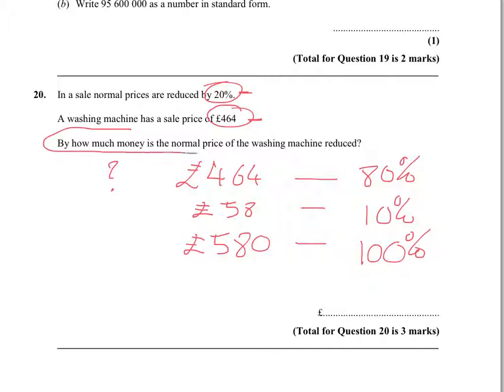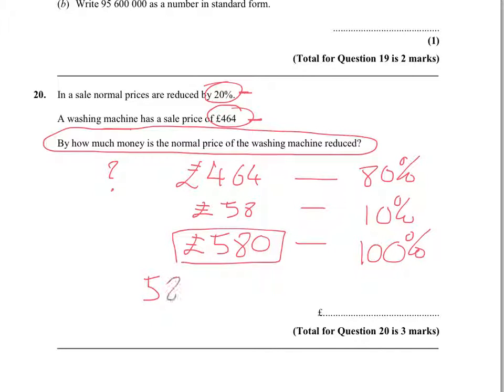And the question says, by how much money is the normal price of the washing machine reduced? So the normal price is £580, it's gone down to 464, so what's the reduction? 580 take away 464, and I'm going to be slightly less lazy this time, I'll do this one without a calculator, and it's £116.